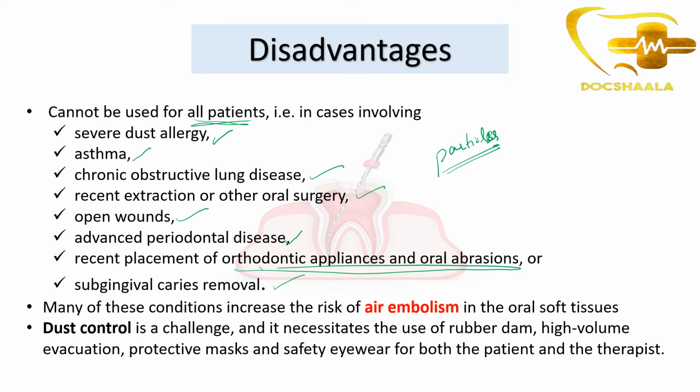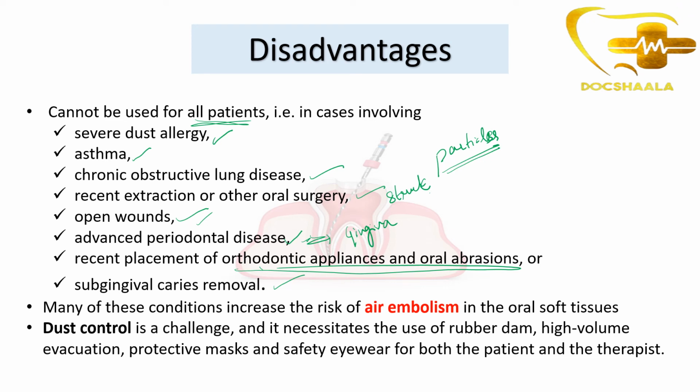Recent extraction, we don't do it because these abrasive particles may get stuck in the extraction site, and also in open wounds. In advanced periodontal diseases, they might accumulate in the gingiva. We have pockets and recession, so if particles accumulate in the gingiva, that might cause a problem to the patient.